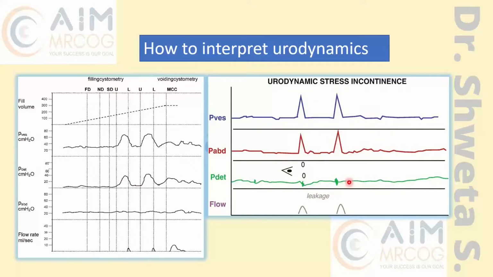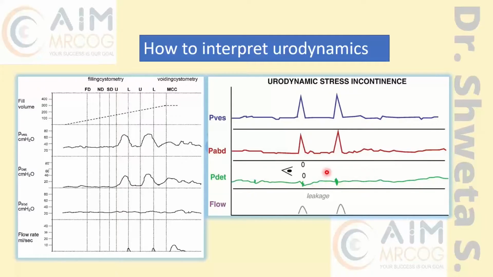But in this same scenario, if I would have got the detrusor overactivity also, what will be my answer? Anyone? Mixed urinary incontinence? No. If you are seeing detrusor overactivity while coughing and leaking, it is cough related detrusor overactivity.